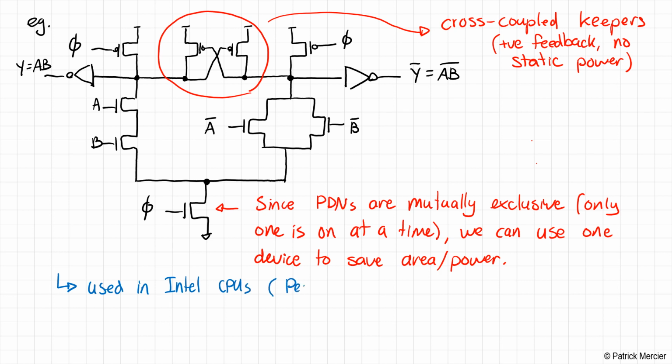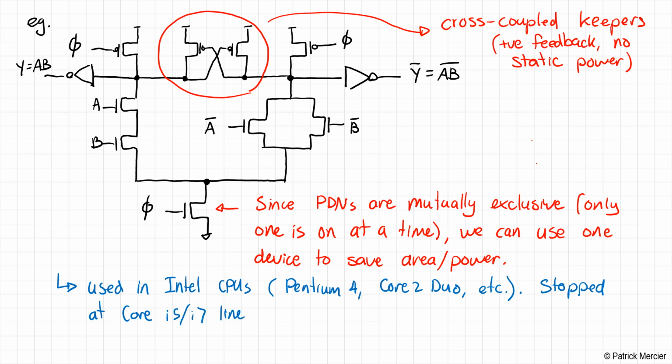Famously in the Pentium 4, it was also used in the Core 2 Duo line, etc. Okay, my understanding anyways is that it stopped at the Core i5, i7 line, where they reverted back to static complementary CMOS.